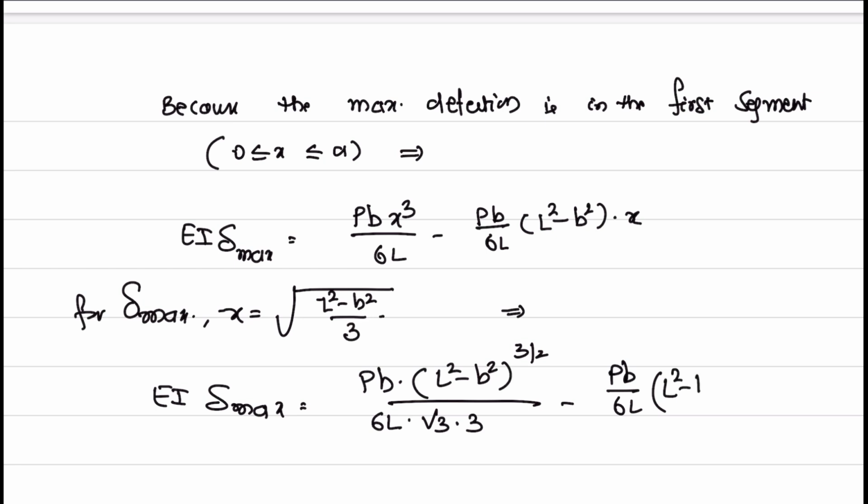This value is the same as it is, it will be into x, square root of (L square minus B square) by root 3. This is not root 3, the root is already there, we have to write only 3.